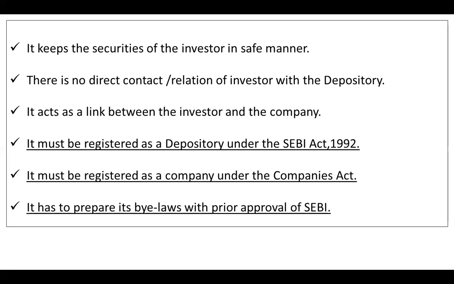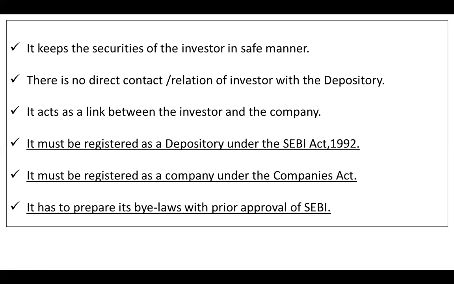So the depository, as an organization, has to prepare bylaws. The bylaws should be approved by SEBI. It means that it is under the control of the government. That's why the confidence in the depository is more than in others.